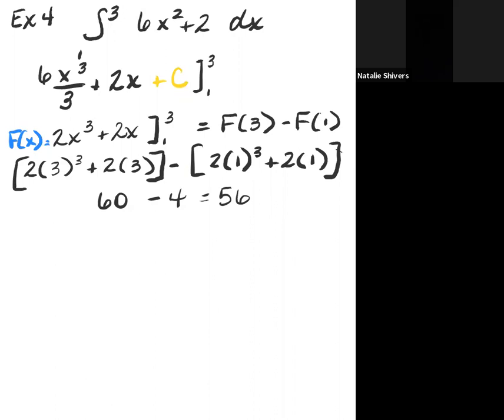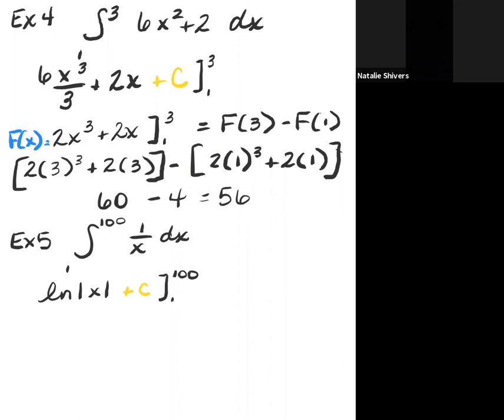All right, let's do example 5. We can still fit this on this whiteboard. We're going to go from 1 to 100, 1 over x dx. So the antiderivative of 1 over x is the natural log of the absolute value of x. Again, if you like to write plus c, write it. It's not going to hurt anyone. From 1 to 100. If this helps, write f at 100 minus f at 1.